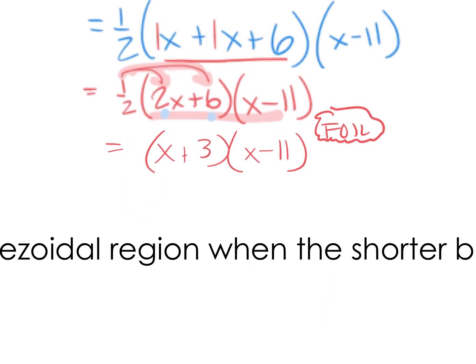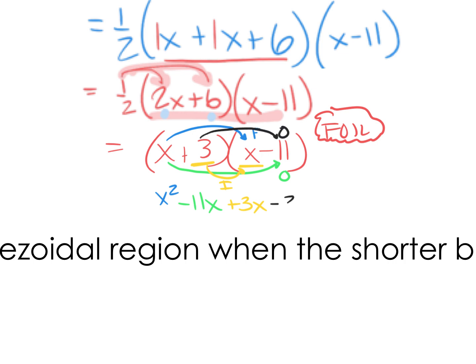So if I do my first two terms, that's going to be x times x, that's going to be x squared. Let's do the outer, x times negative 11, that's negative 11x. The inner, 3 times x, that's going to be 3x. And then finally the last two, 3 times negative 11, that's negative 33, and we'll combine like terms. So we'll get x squared minus 8x minus 33. That'll represent the area of the trapezoid.